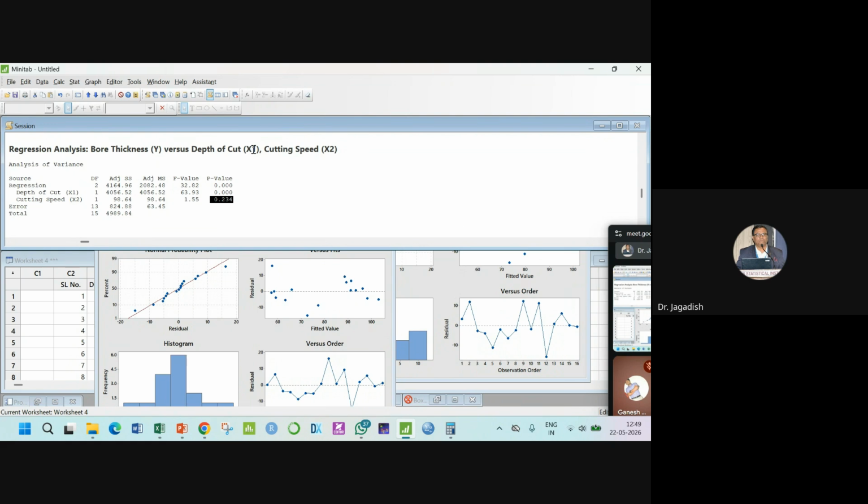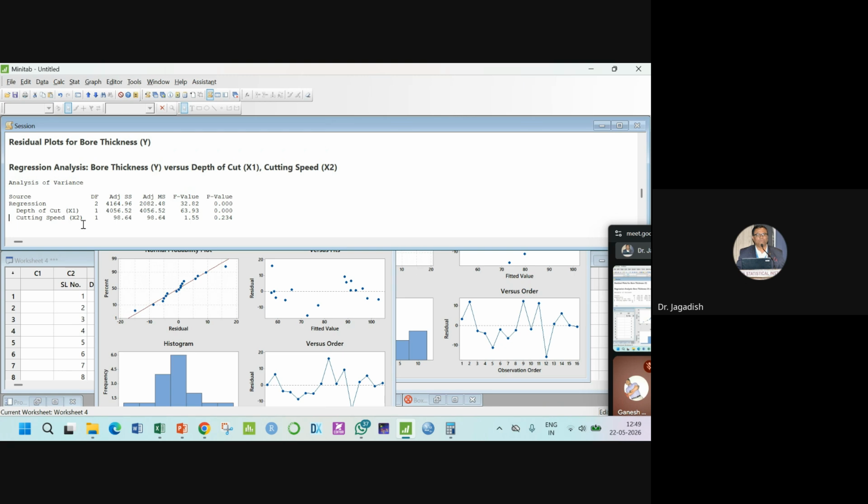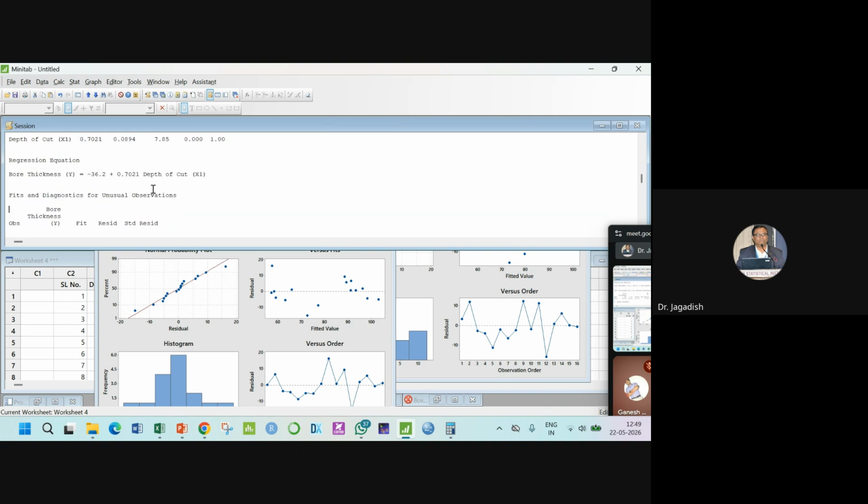Now, with the addition of x1 and x2, although R square is 83%, it is not correct because the influence of x2 is included here. But when you remove this factor, definitely your R square value will not be 83, it is 81.